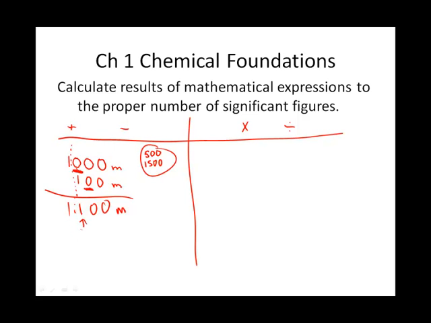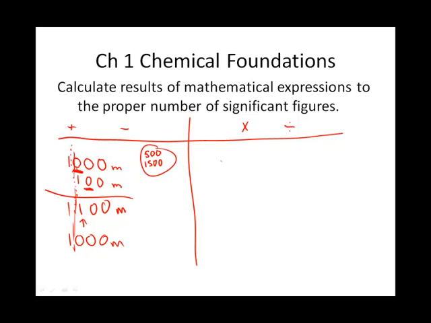So I'm looking at this number. It's less than 5, so I'm going to round this off to 1,000 meters. Now that's how the rule for addition and subtraction works. You always look for the least precise measurement, and you don't go past that digit that tells you how precise your instrument was.